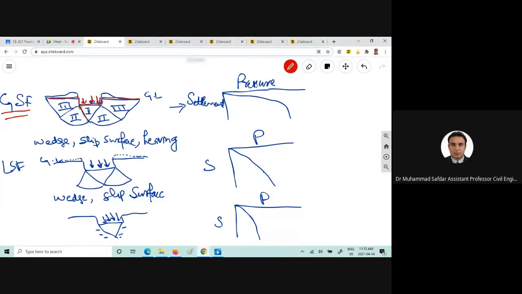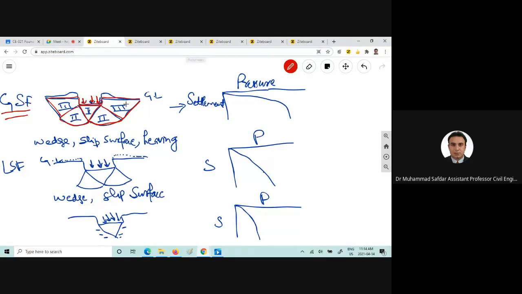For example, the elastic zone or the elastic wedge, then there will be a radial zone, and you can call that as zone 2, and there is another linear zone here and on this side as well, and that is known as the Rankine passive zone, which will be discussed in Terzaghi bearing capacity equation.